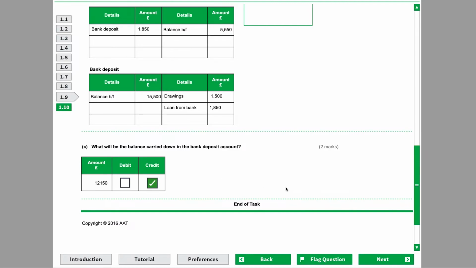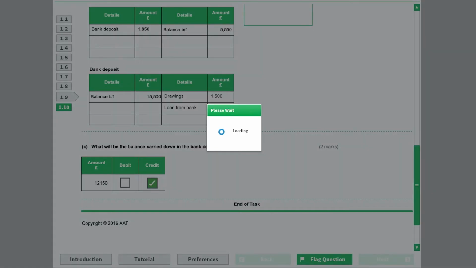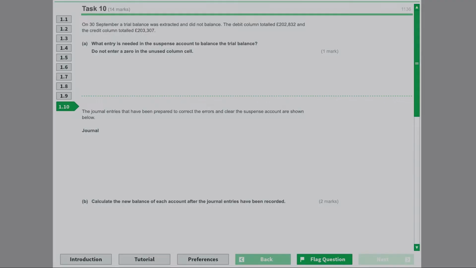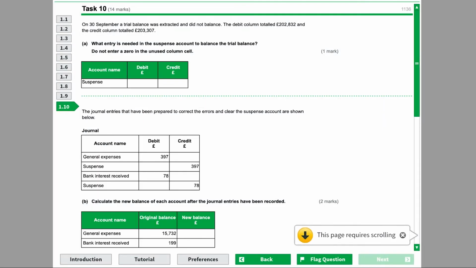We can now move on to task 10, our last task. This final task is worth 14 marks and is designed to test the use of a suspense account to balance the trial balance and the subsequent adjustment of account balances from journal entries prepared to correct the errors within the trial balance.